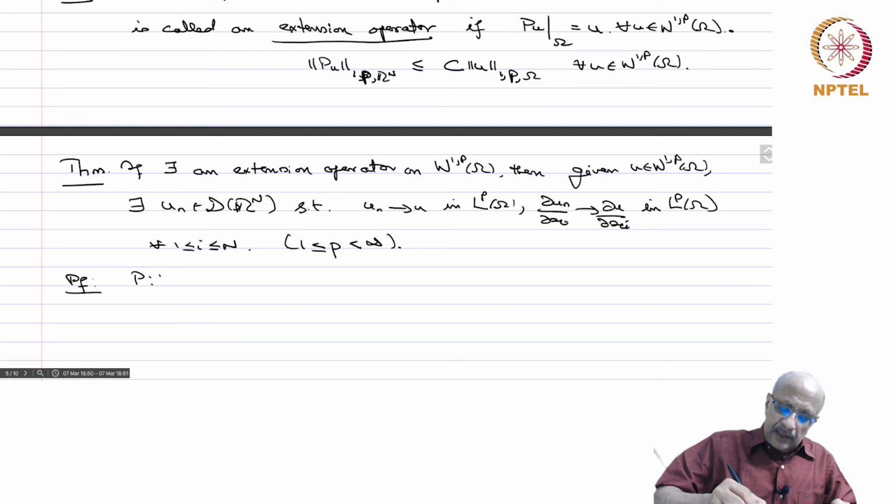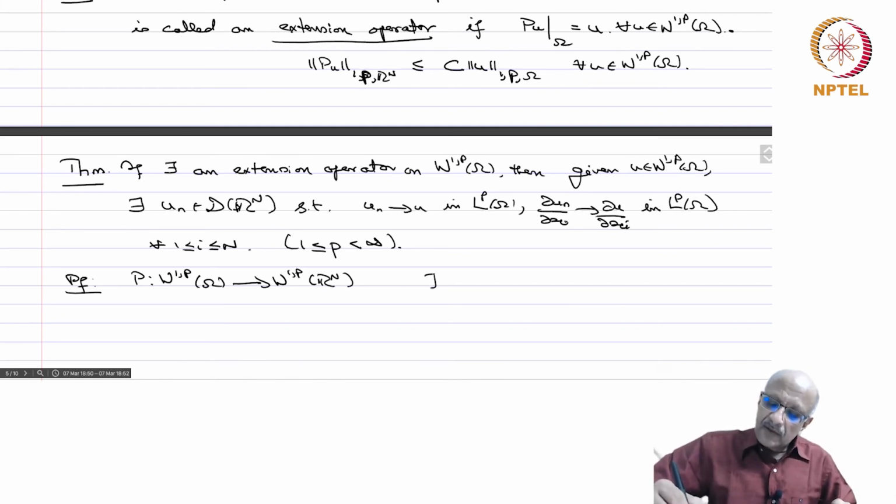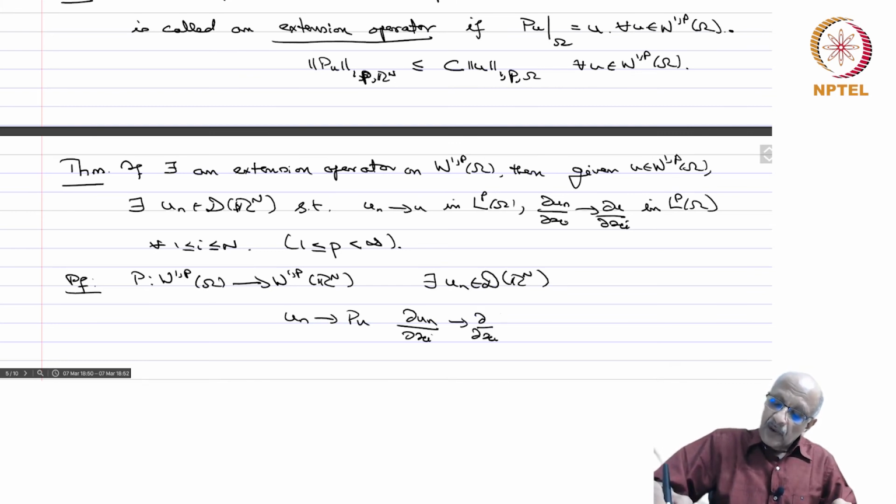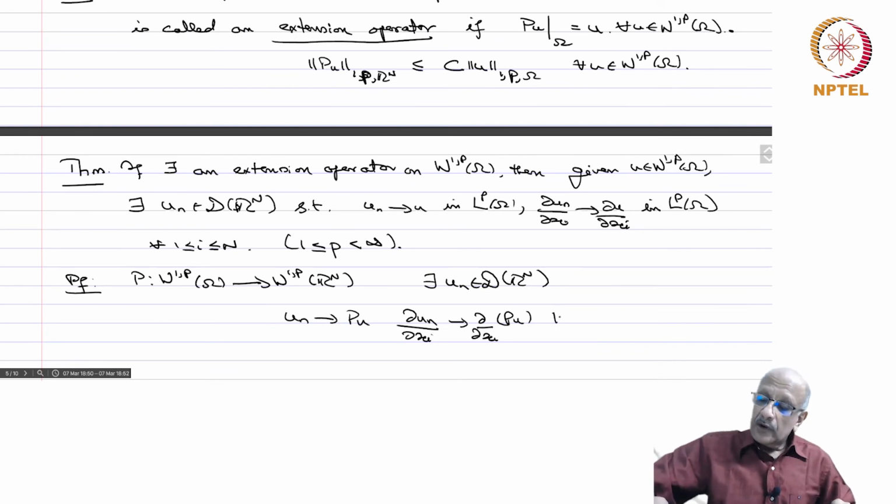So, if P is the extension operator, then there exists u_n in D of Rn such that u_n goes to Pu and du_n/dx_i goes to d/dx_i of Pu, for 1 less than or equal to i less than or equal to n, in Lp of Rn.